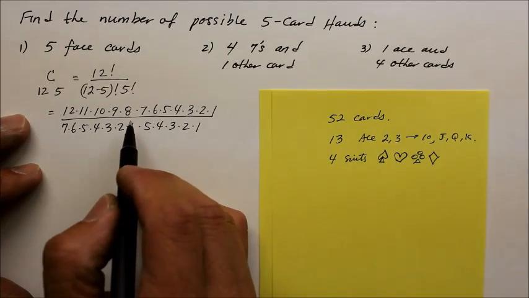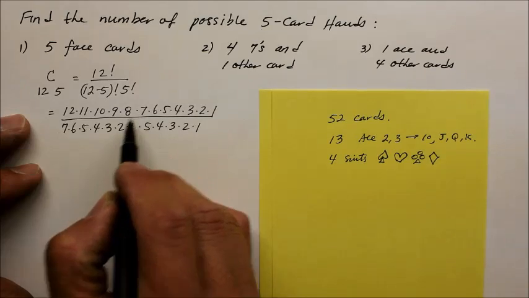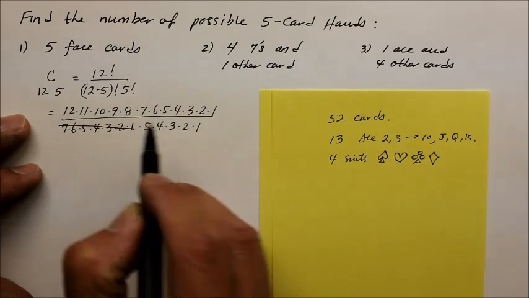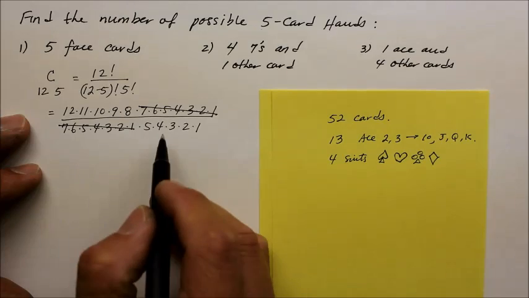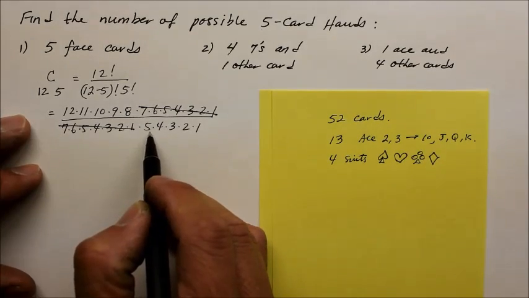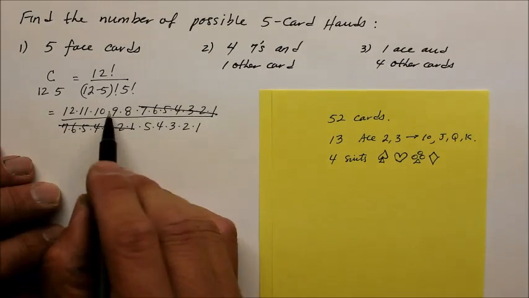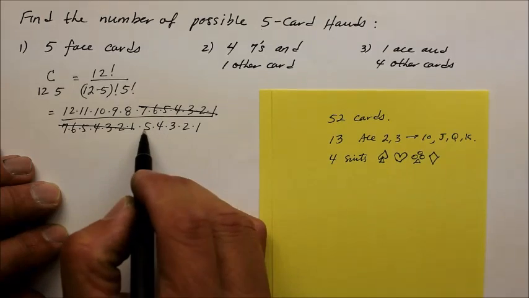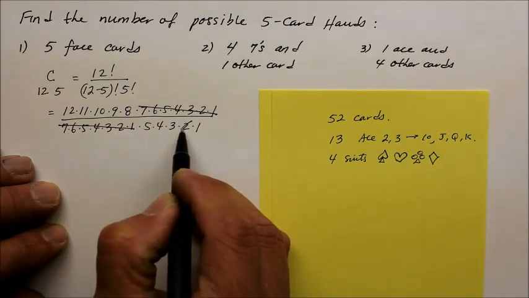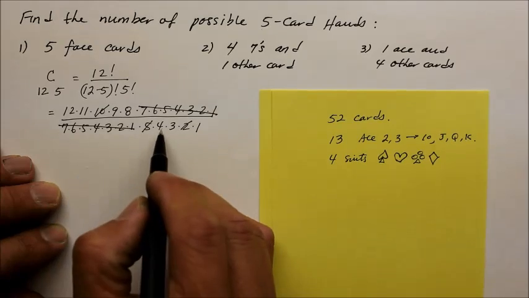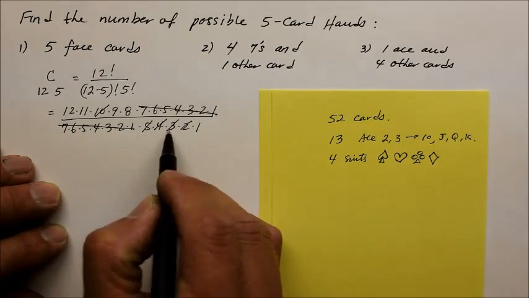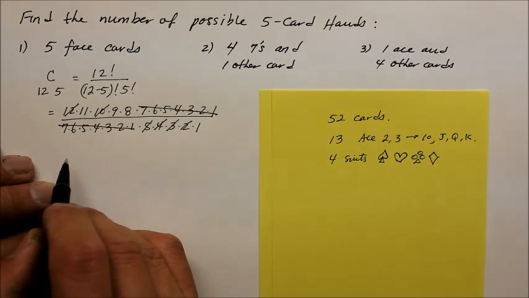The reason I was reluctant about writing the 7 up here is because the 7, 6, 5, 4, 3, 2, 1 cancels out the same on the top. Now we have to reduce all the factors in the 5 factorial from the top. For example, 5 times 2 is 10, so those two knock out the 10 from the top. The 4 and the 3 make 12, so it knocks out the 12 from the top as well.